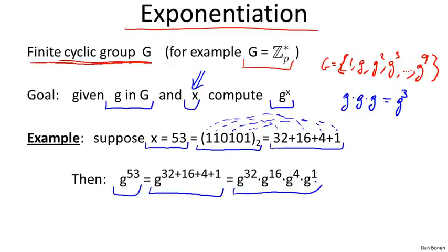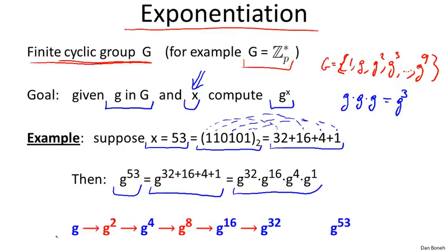Now that should start giving you an idea for how to compute g to the 53 very quickly. We'll take g and start squaring it. Square g once to get g squared, square it again to get g to the 4th, then g to the 8th, g to the 16th, g to the 32. So we've computed all these squares of g.